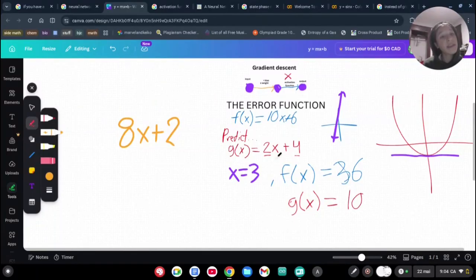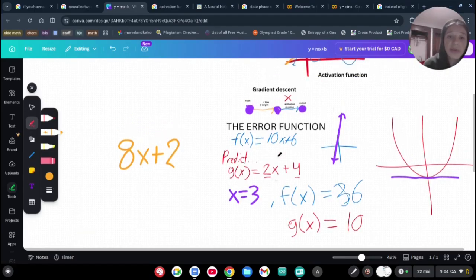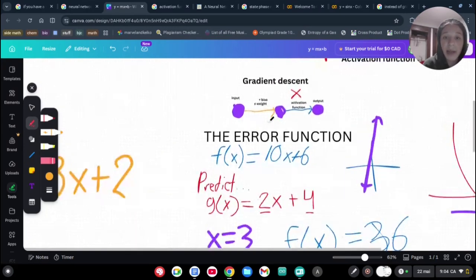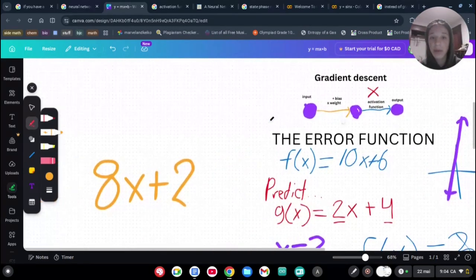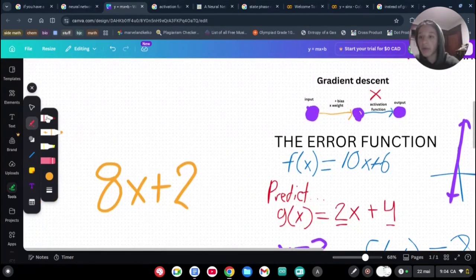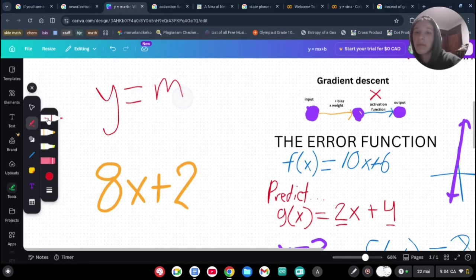X is my input. I'm not trying to choose an input where my neural network and my real world values are the closest. I'm trying to make a neural network which will minimize this error. So I need to be differentiating with respect to my weight and my bias. Okay, so what do I have? Well, the general form of my neural network, my prediction, is, once again, y equals mx plus b.